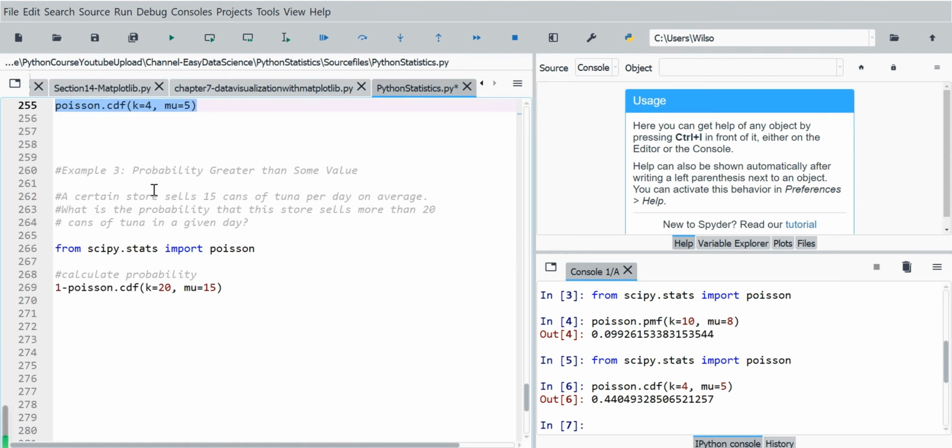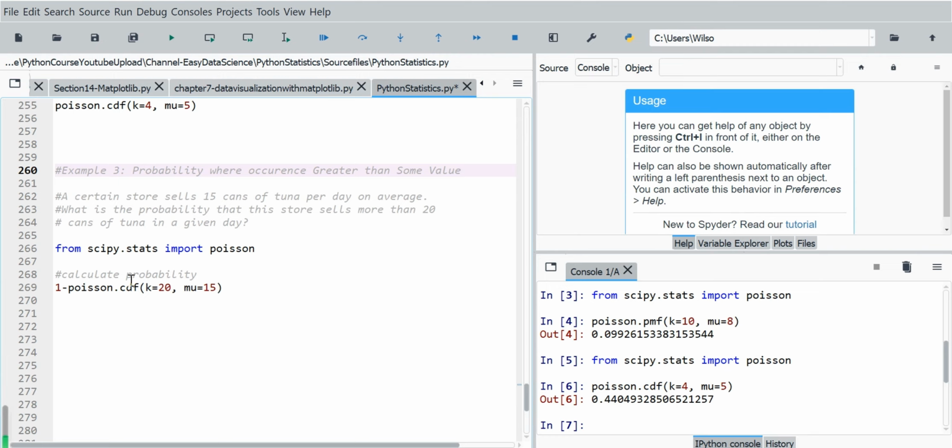The third example is to calculate the probability that the count is greater than some value. A certain store sells 15 cans of tuna per day on average. What is the probability that this store sells more than 20 cans of tuna in a given day? So we want the probability of the Poisson count being larger than a certain value.